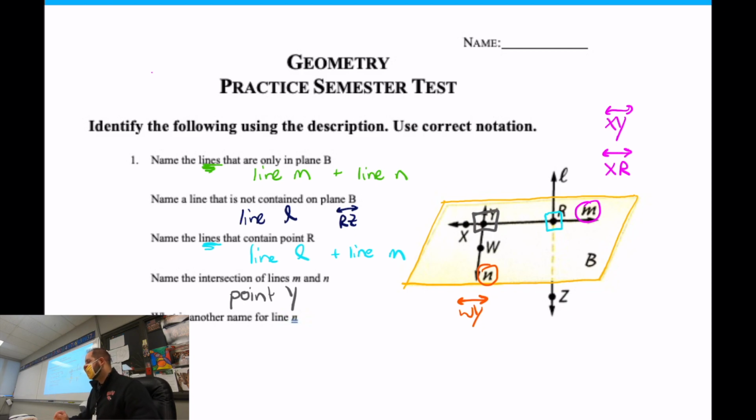Postulate 3.10 talked about when two lines intersect, they form a single point. So, full circle. All right, and then the last one. Can we name another line for line N? Line N, please.